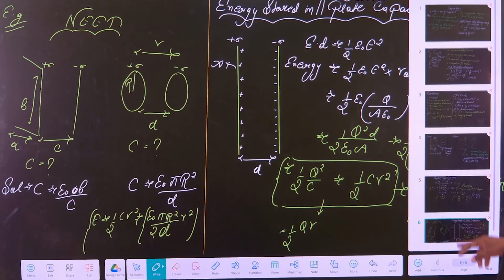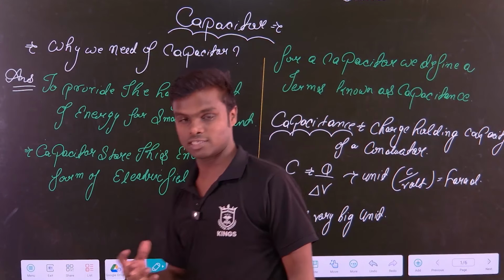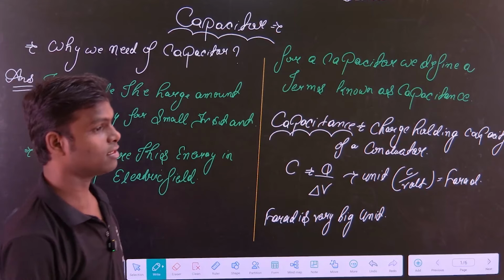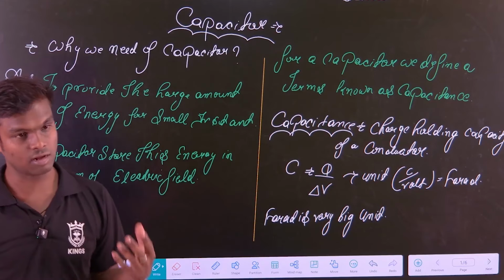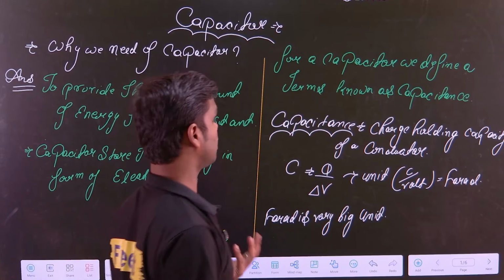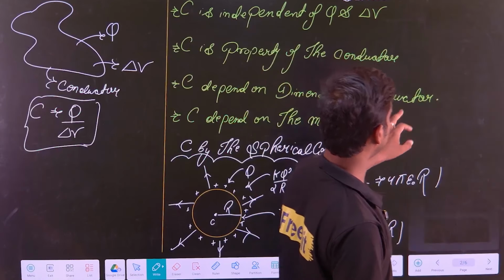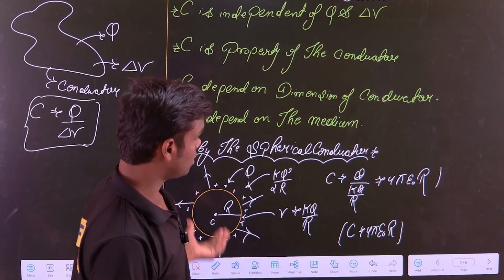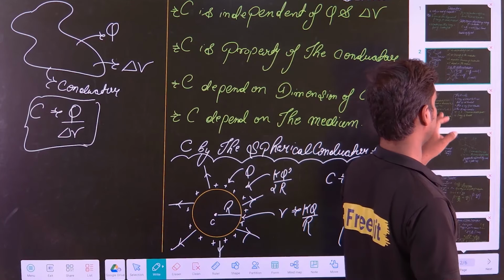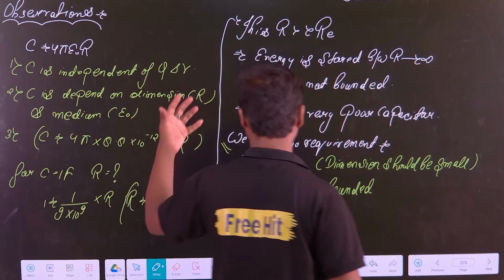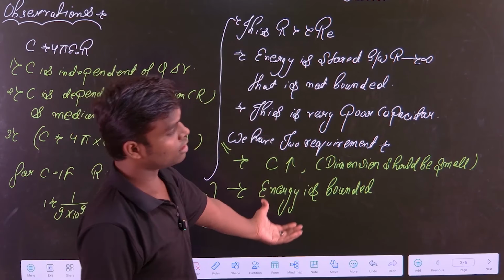So what we have covered in today's session: basically I have tried to build your concept of why we have to study the capacitor. We started from the very basics, what a capacitor is, how it was invented, and for what need we require a capacitor. Then we understood the spherical conductor, how it acts as a capacitor, and what observations we got from there, and what requirements we need.